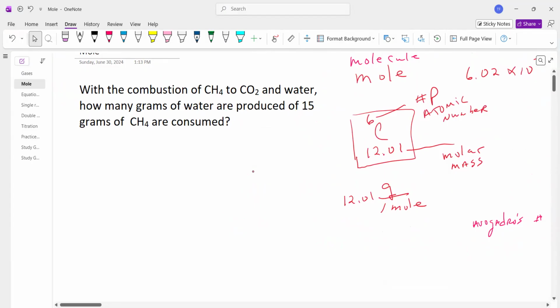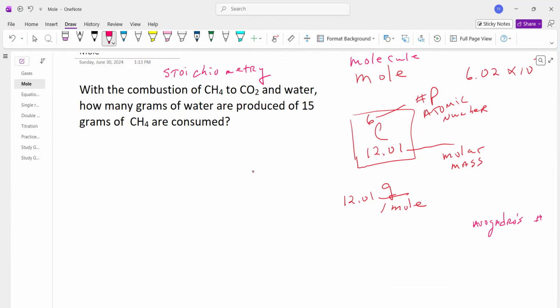Okay. Now this problem here, we went over yesterday. We balanced this equation. Now, when we combine molar mass and balanced equation, we have something called stoichiometry.